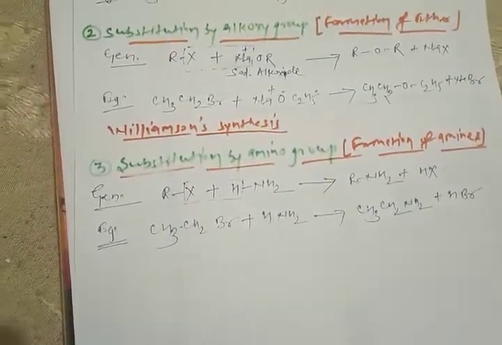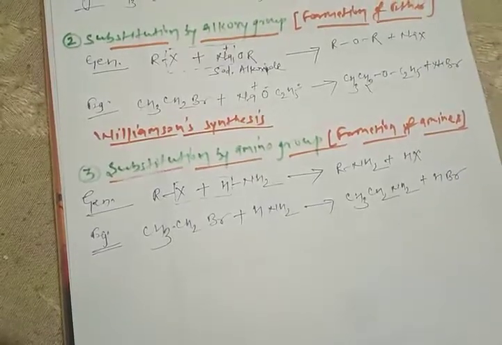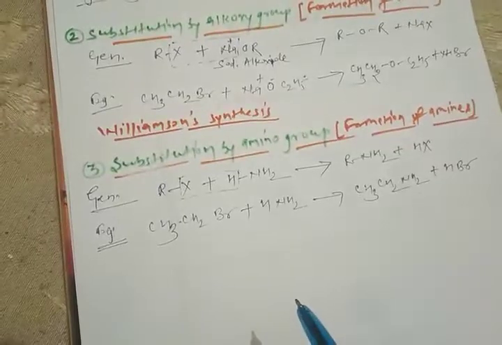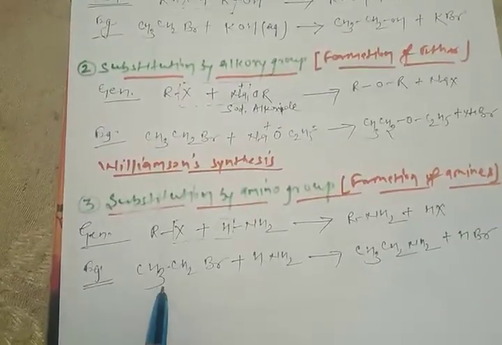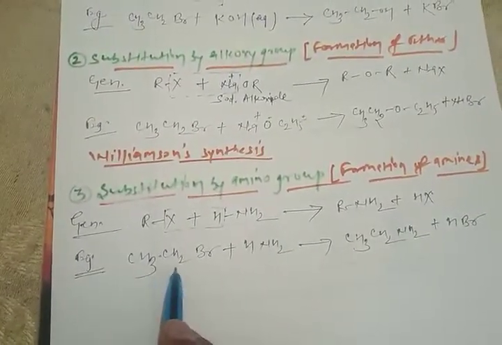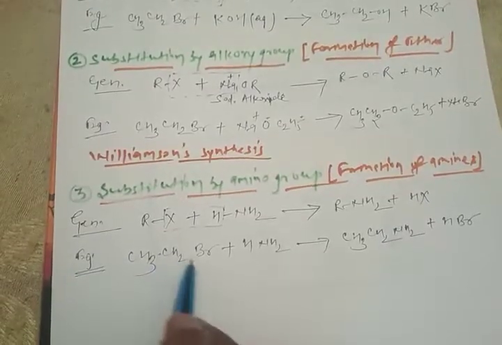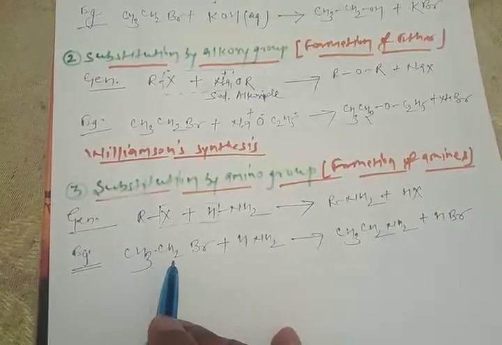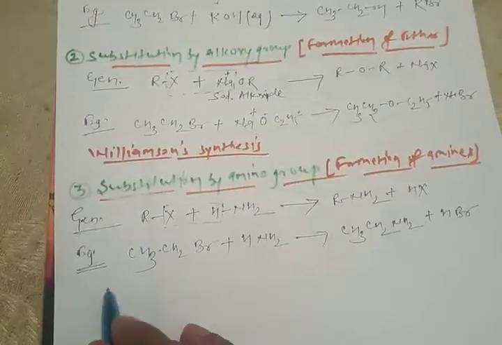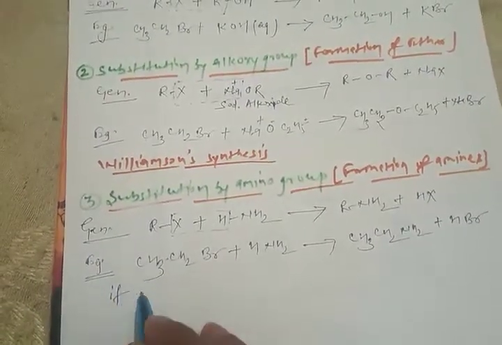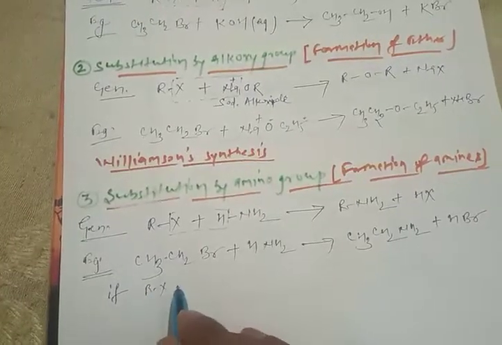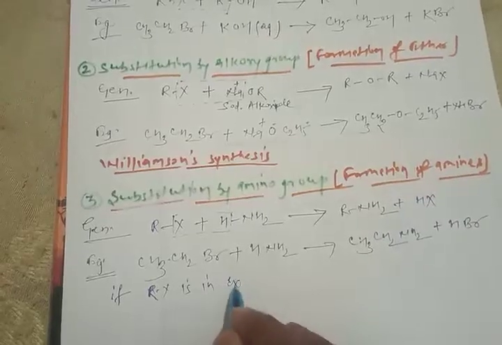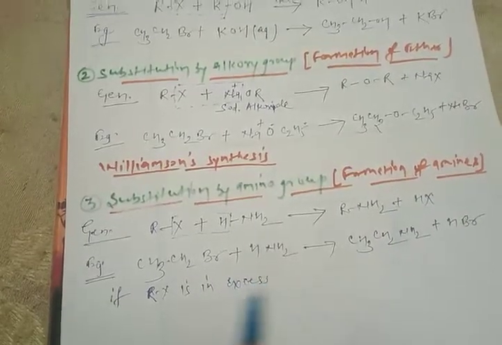Now here the reaction can proceed further, and the reason is what? In this reaction, if the alkyl bromide RX is in excess, the reaction will continue.